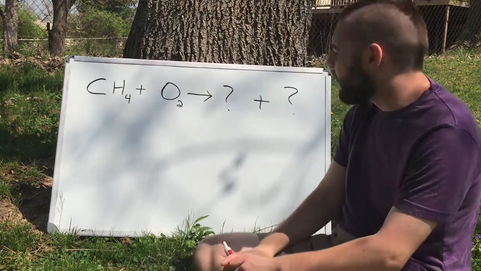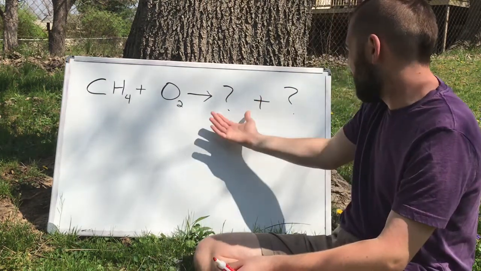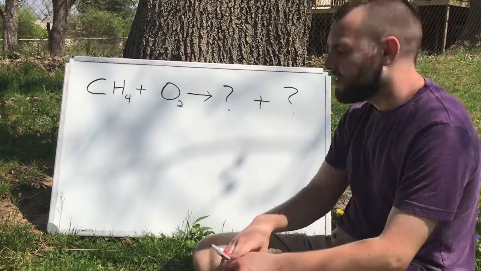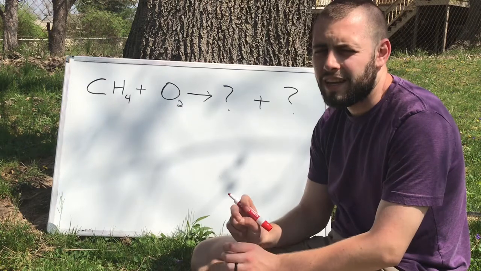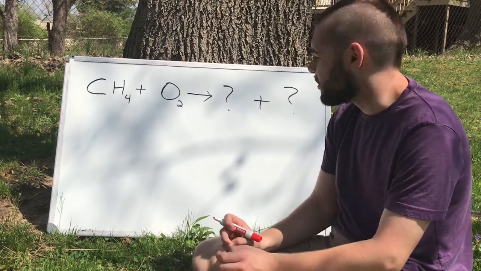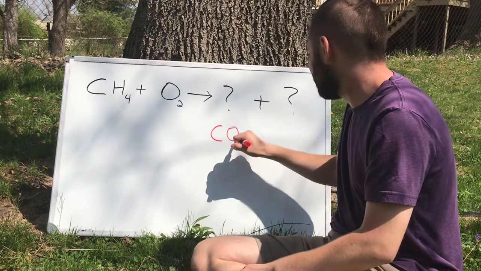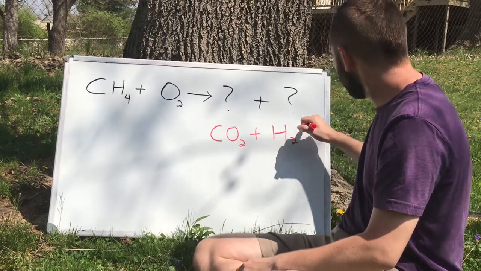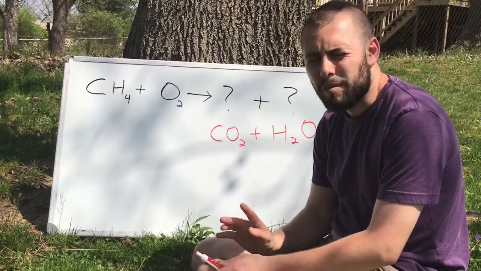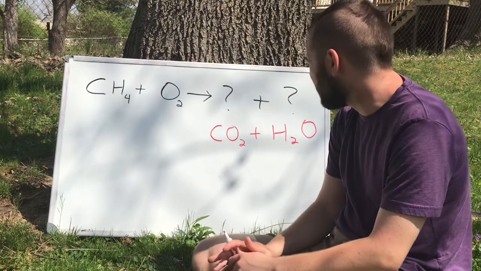So how can I tell the future? How can I know what my products are going to be? This is one of those ones that we talked about. In an organic combustion, your products are always going to be carbon dioxide and water. Carbon dioxide and water for an organic combustion every time.